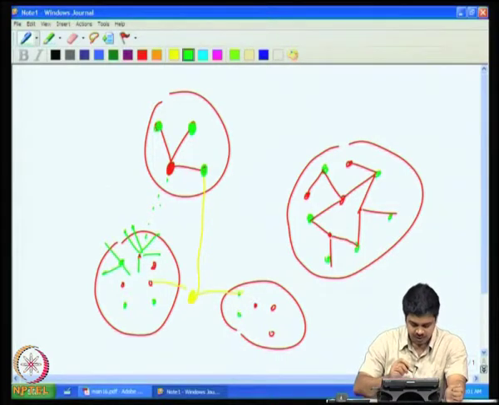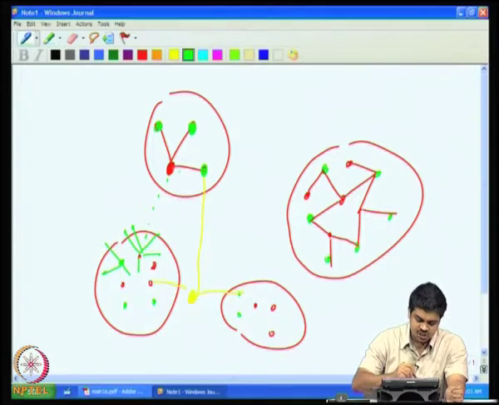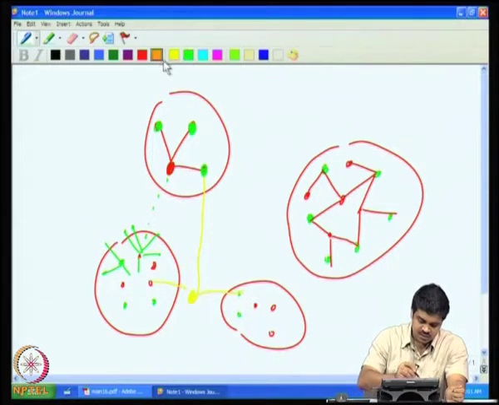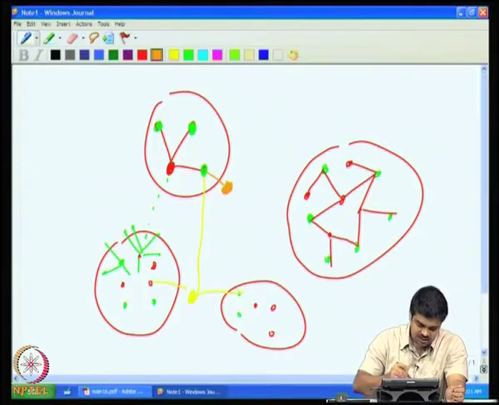Therefore, they do not mind if we change the color of each red vertex to green and green vertex to red in this component. And what about the remaining vertices? For instance, if there is a brown vertex here, it may see that there is a color change in its neighborhood.